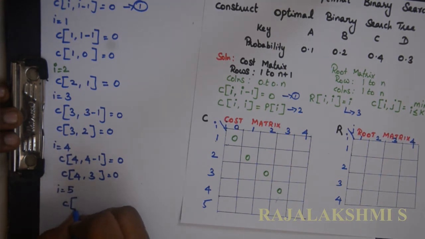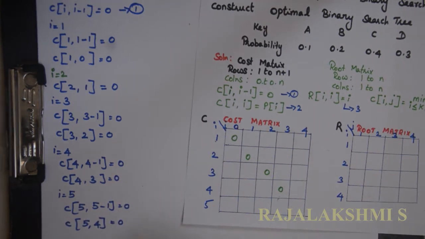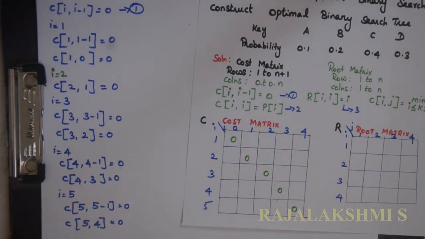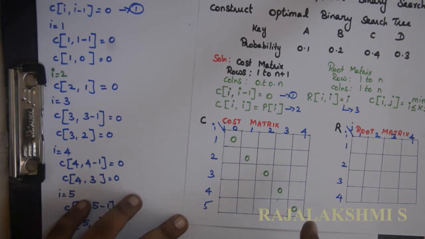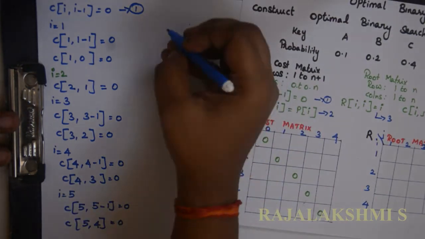So C of 5 comma 5 minus 1 is 4, which is equivalent to 0. So C of 5 comma 4 is equal to 0. Okay, so using equation 1, we had filled the principal leading diagonal of the cost matrix. So now we have to use equation 2.